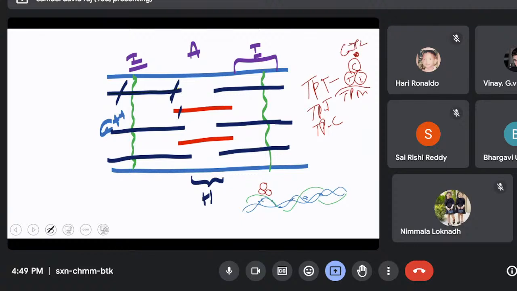So during the excitation contraction coupling mechanism, calcium ions are released. This thin filament is made up of actin followed by tropomyosin, and we have troponin subunits. So the released calcium ion binds with troponin C. Once it binds with troponin C, the inhibitory action of troponin I is stopped.